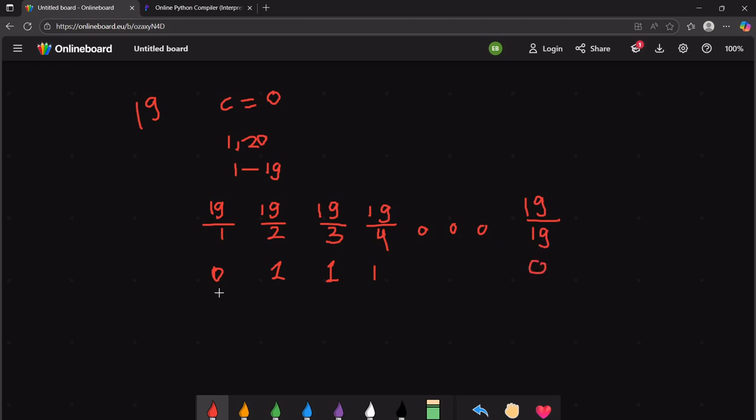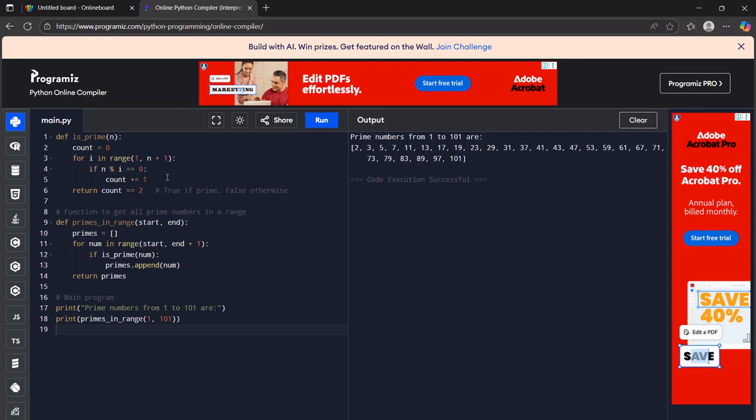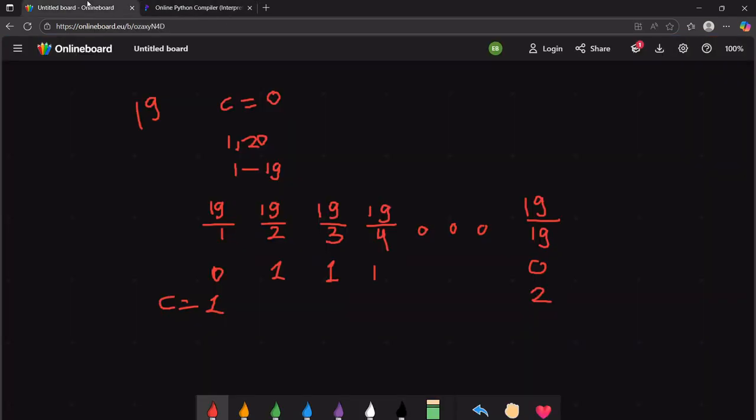So whenever the remainder is 0, we increment our count. Here count will be 0 plus 1, 1. Here count will be 1 plus 1, 2. Whenever we get a count value of 2, that number is a prime number.